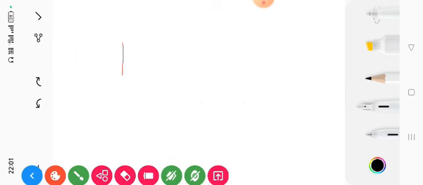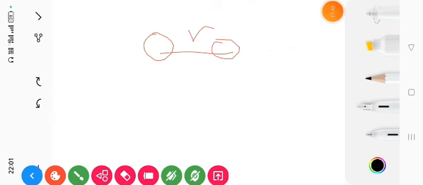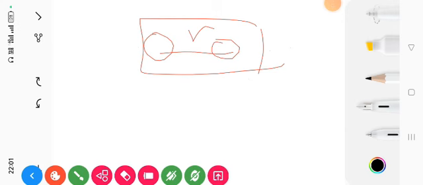Now, the charges I was talking about: if I take the same charges and the same distance, earlier they were in a vacuum and there was a certain force acting between them. Suppose a force of 100 was acting between them. Now I take these two charges to water, and the distance remains the same.